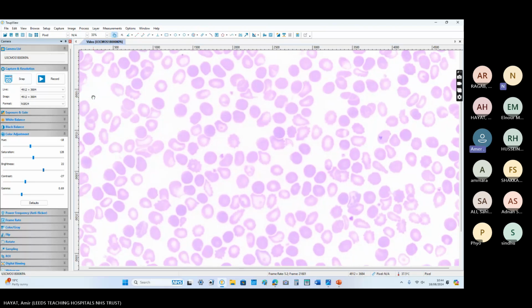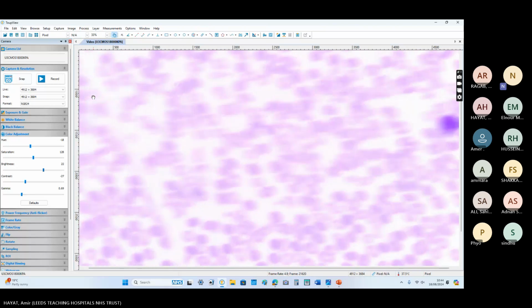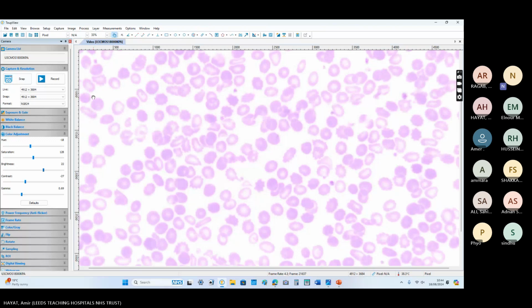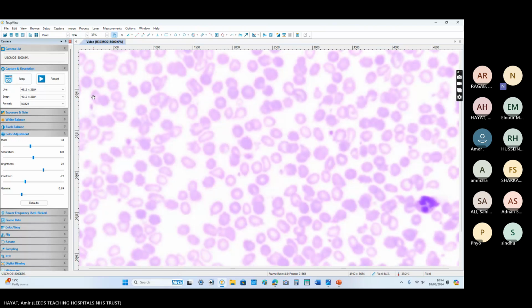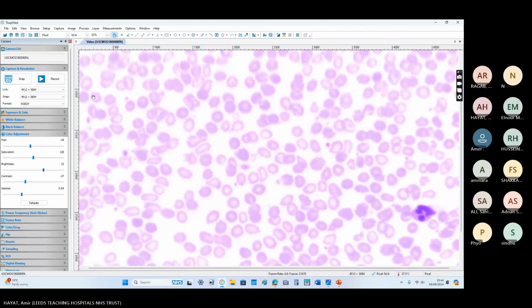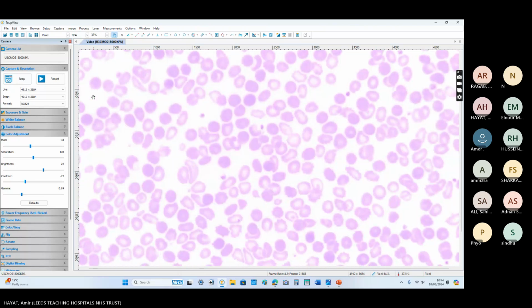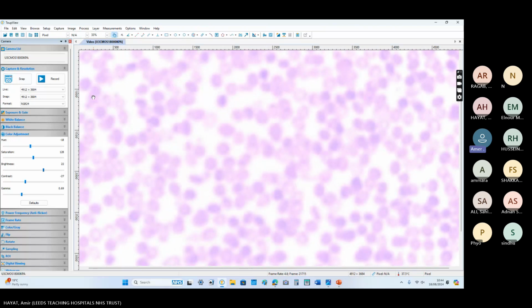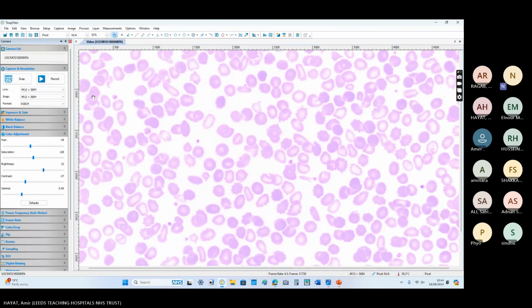One is microcytosis, anisocytosis, poikilocytosis, teardrops, hypochromia, no NRBCs, no basophilic stippling, fully hemoglobinized cells, dimorphic blood picture. There are not even any target cells in it.